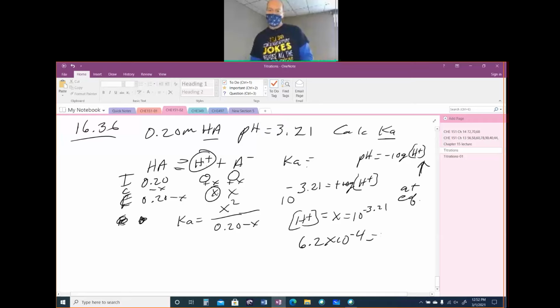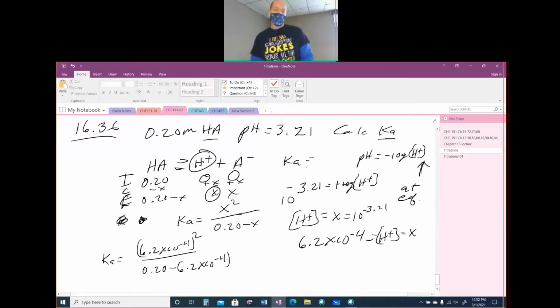So that is equal to your H plus concentration, which more importantly is equal to X. And now we just plug it in. Everywhere you see an X, you put 6.2 times 10 to the minus 4. So Ka is 6.2 times 10 to the minus 4 squared divided by 0.20 minus 6.2 times 10 to the minus 4. And then you just push the buttons on your calculator.